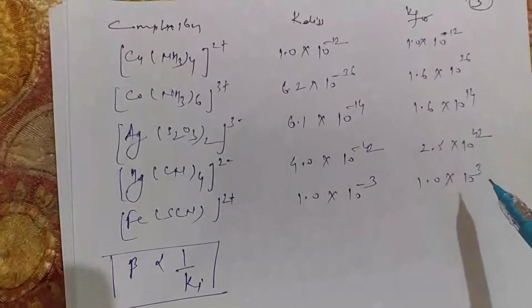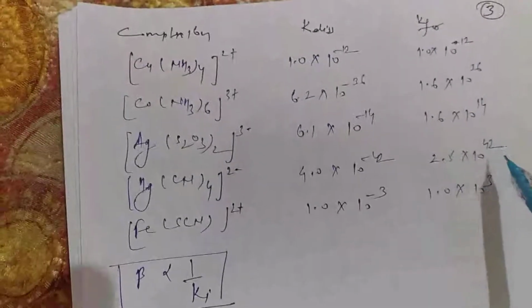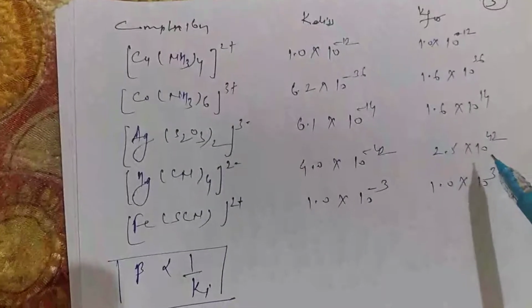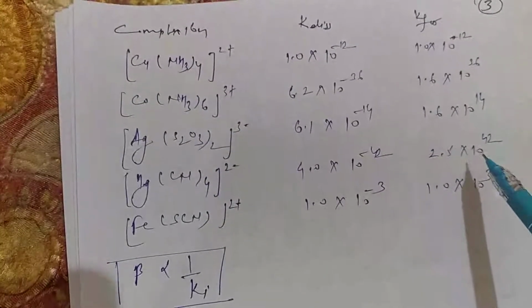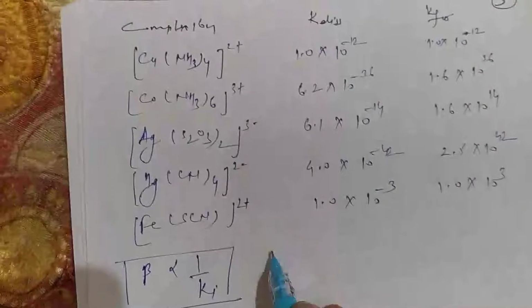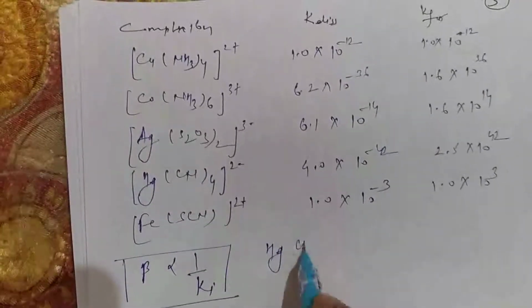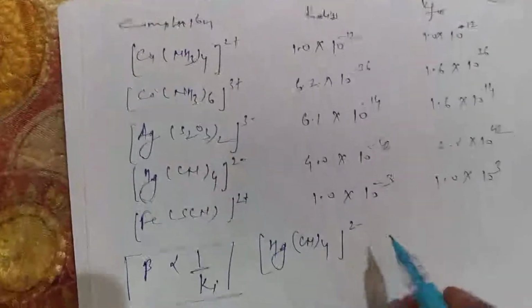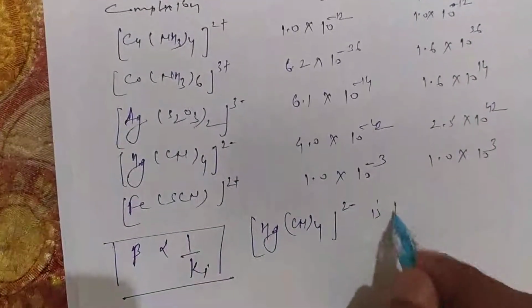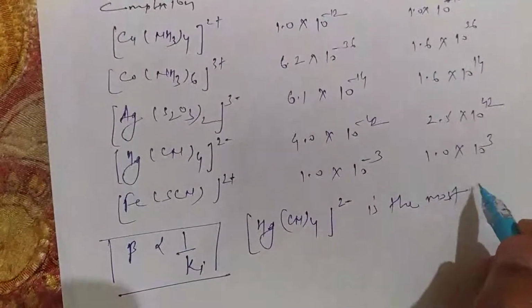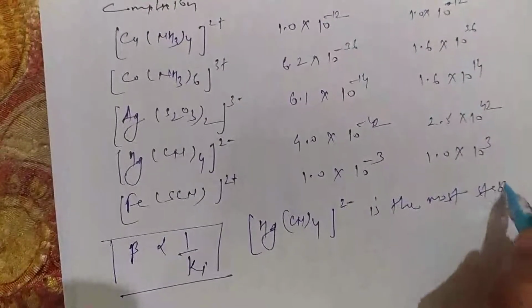This will be the most stable complex because its formation constant is maximum. Formation constant is inversely proportional to dissociation constant. So Hg(CN)4 2 negative is the most stable complex.